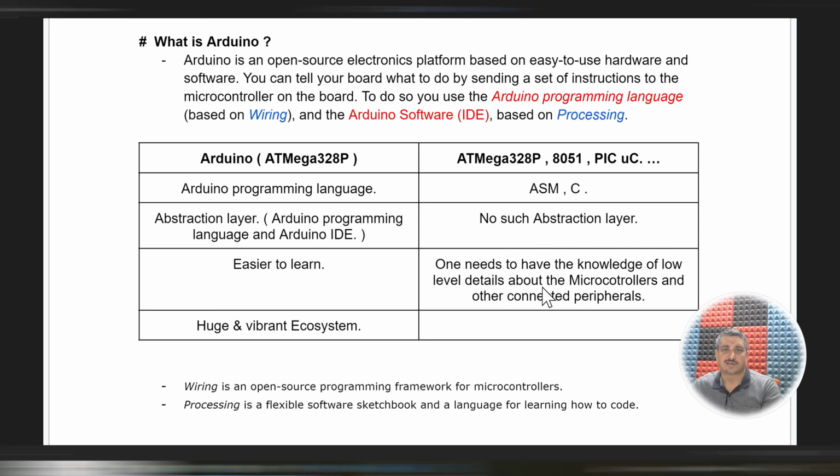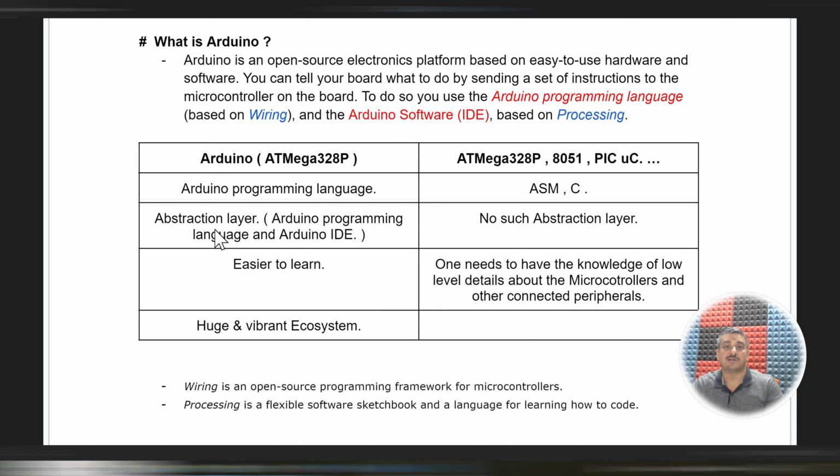Each microcontroller has a lot of internal details like their memory layout, their registers, how they function, how the flag register works, how the timer and the interrupt work, and all these. So what Arduino people have done is they have created one abstraction layer.